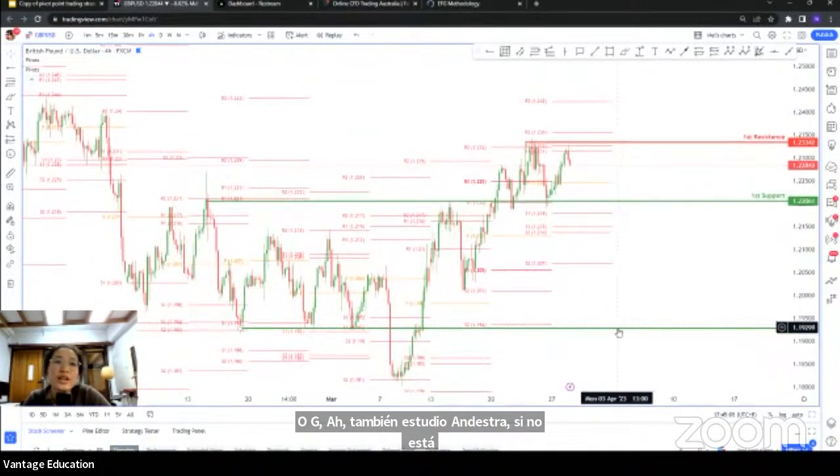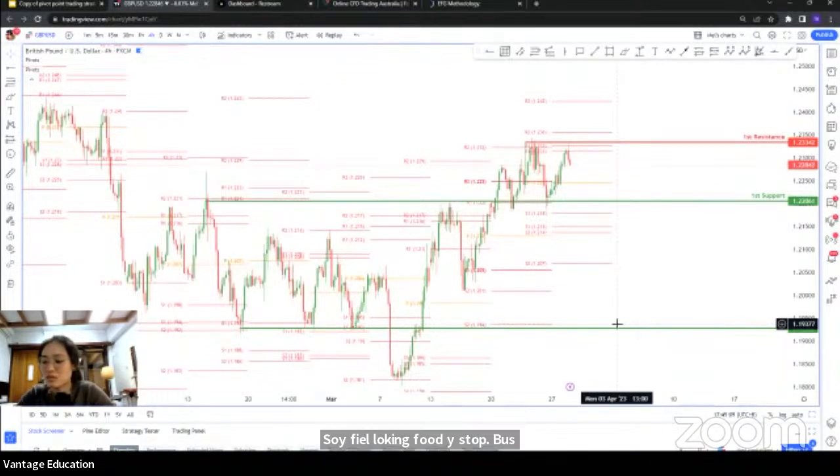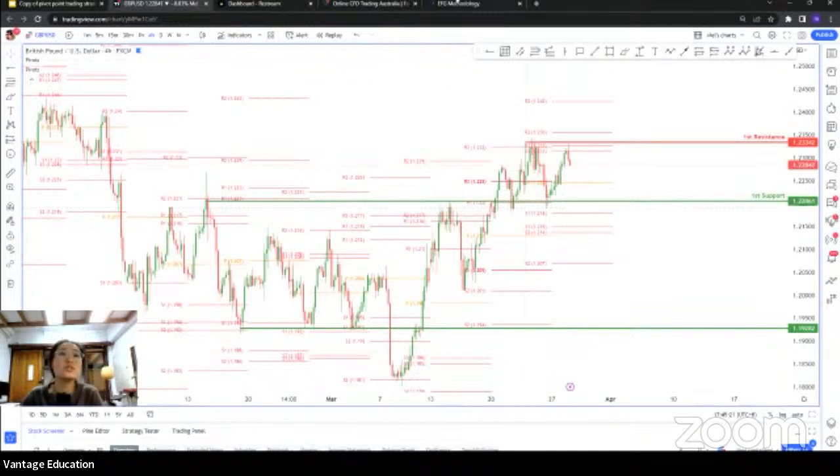So if you're looking for a stop loss, sorry, let me see if I can find the chart to show you guys for risk management.